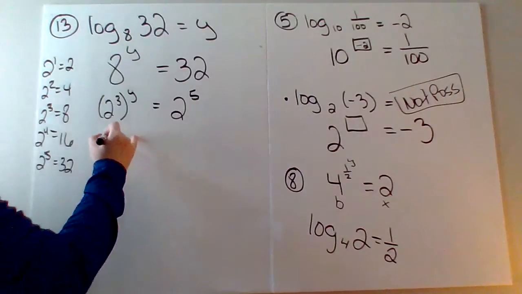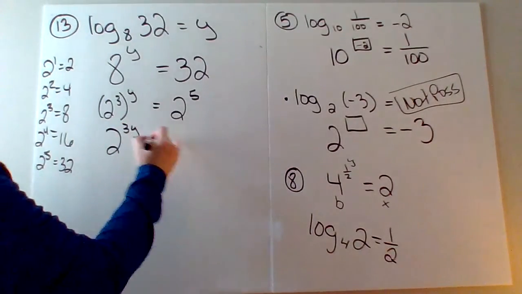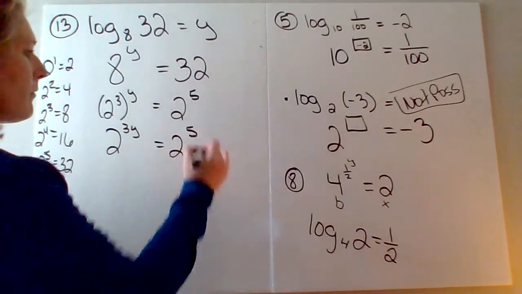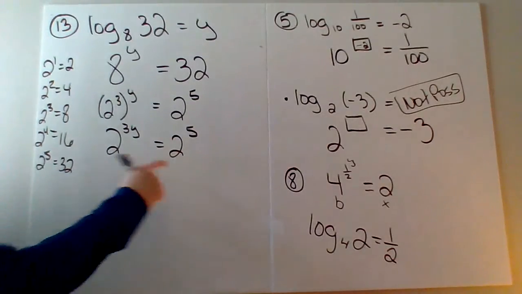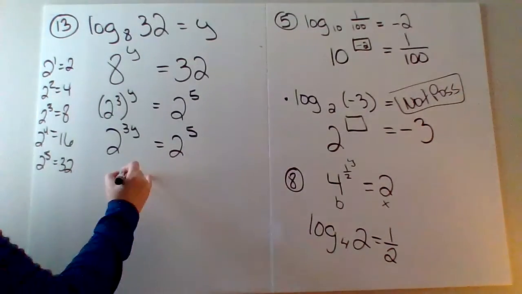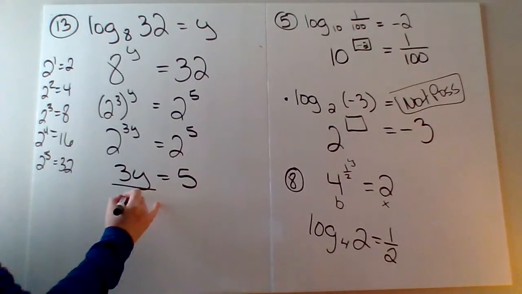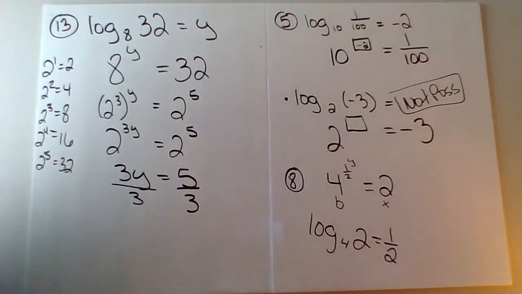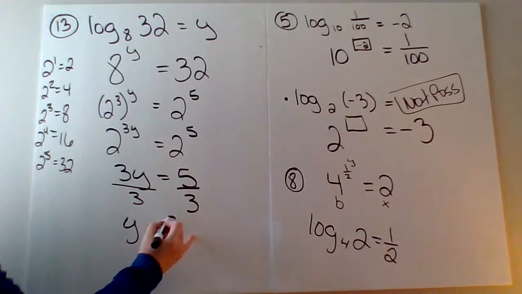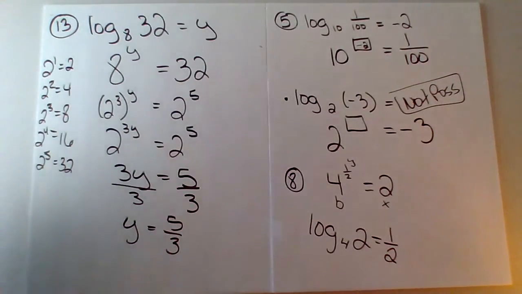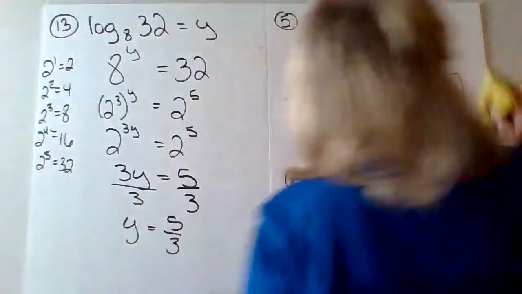I have an exponent to an exponent, so I'm going to multiply. If your bases are equal, then your exponents are equal. 3y equals 5. Divide both sides by 3. And y equals 5/3.